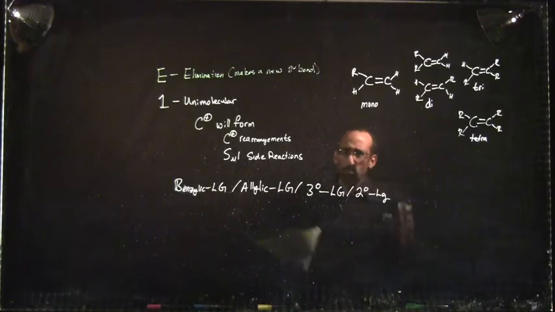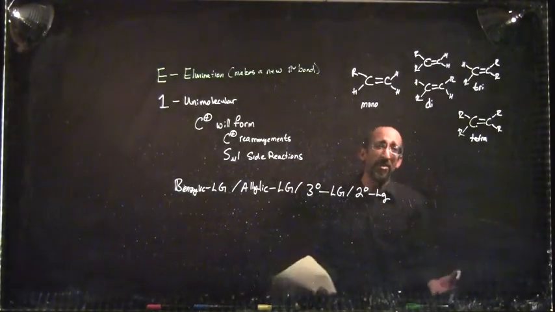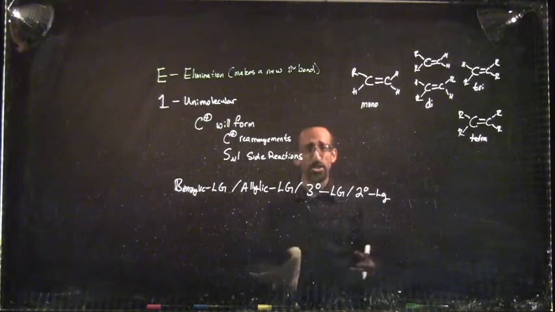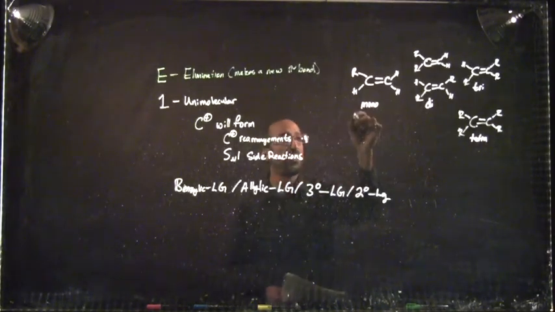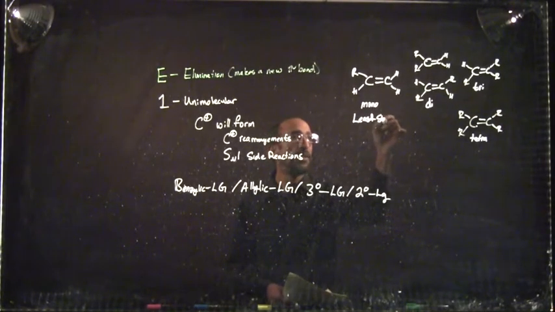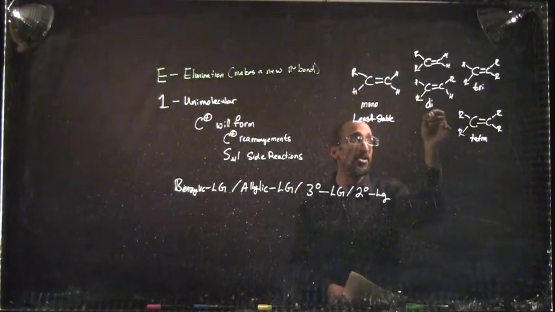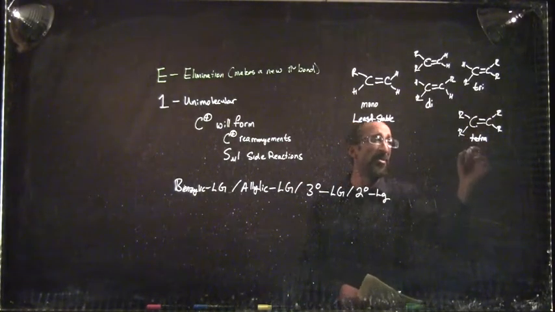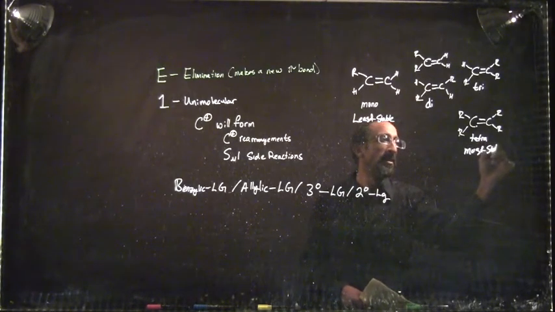All of this empirical data, and all of the theoretical calculations that we can do, confirm that mono-substituted is the least stable, di is a little bit more stable, tri is a little bit more stable, and finally tetra is the most stable.